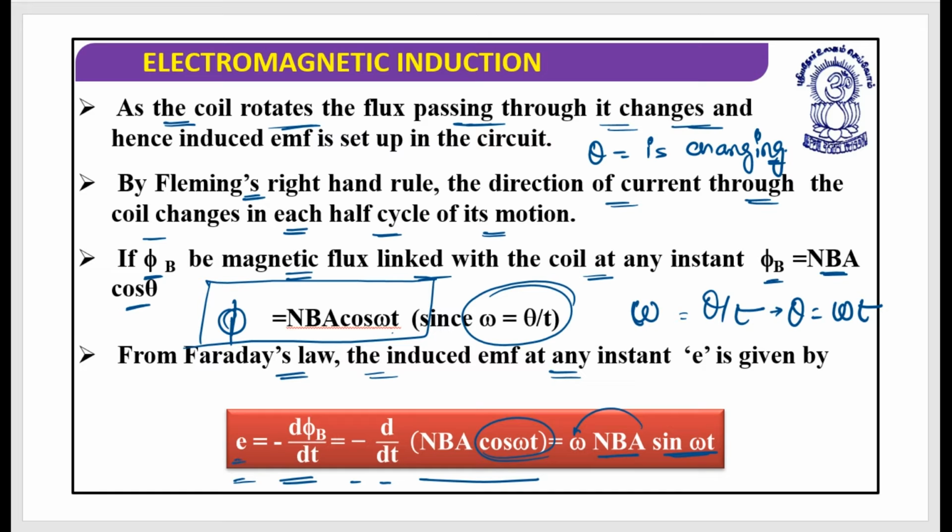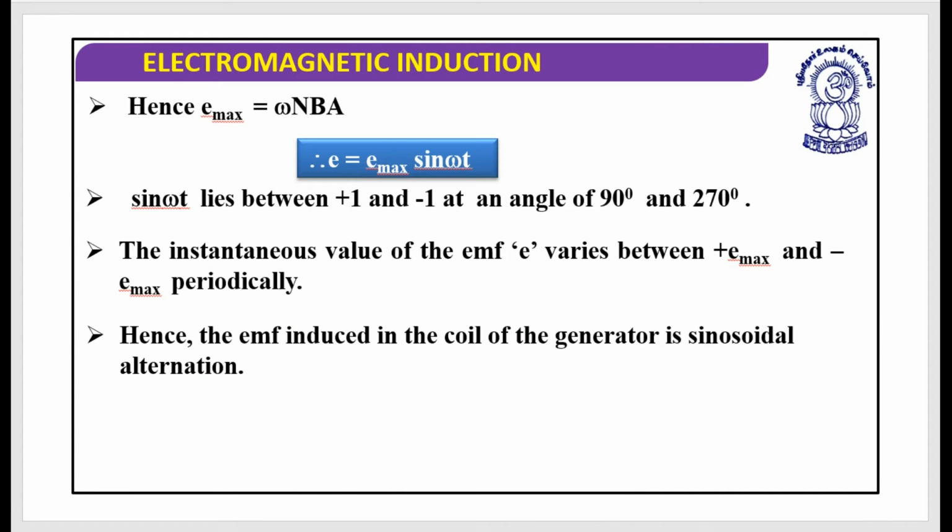So this EMF is time dependent because it's a sinusoidal wave. Sine and cos are called sinusoidal waves. When I look for the maximum EMF, it would be equal to omega into N into B into A. This is the E max sine omega t.